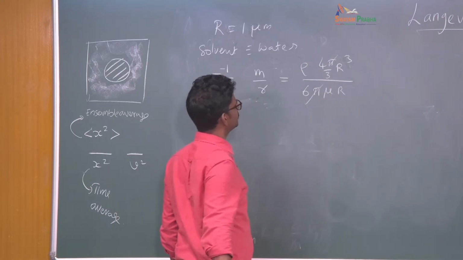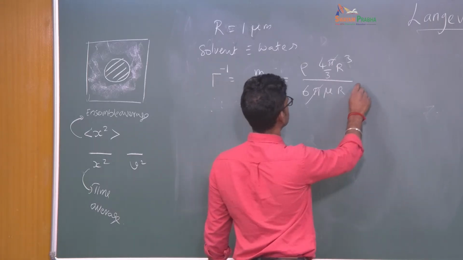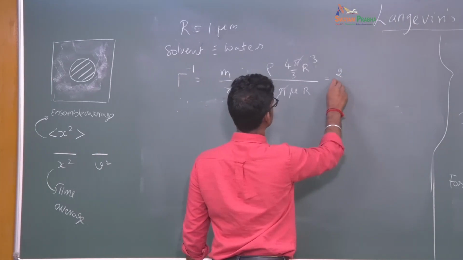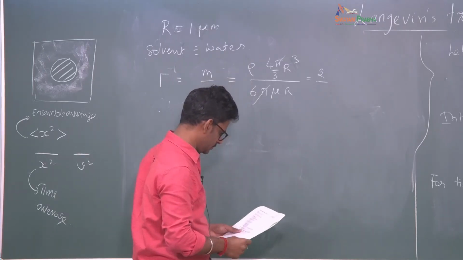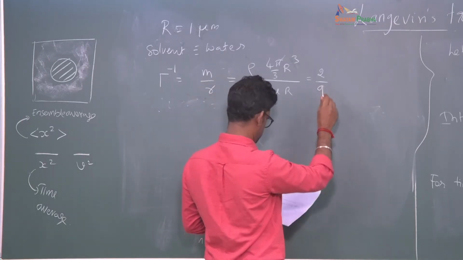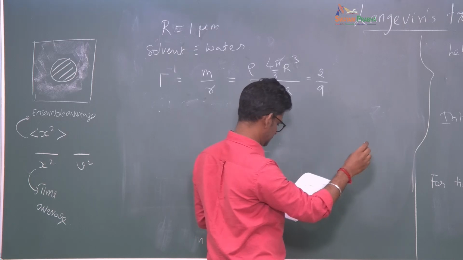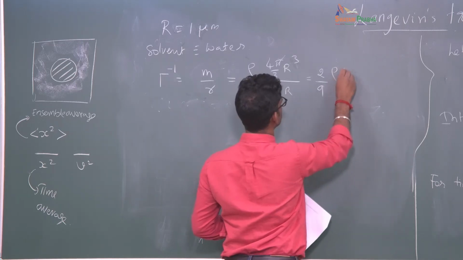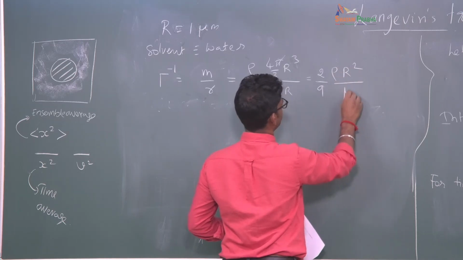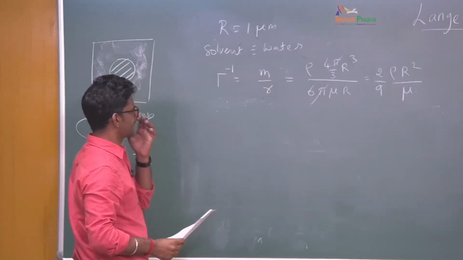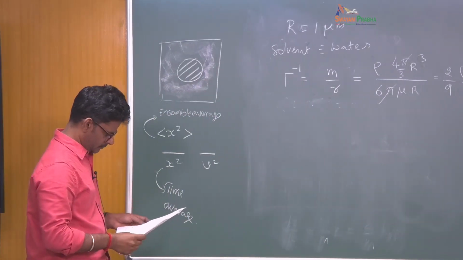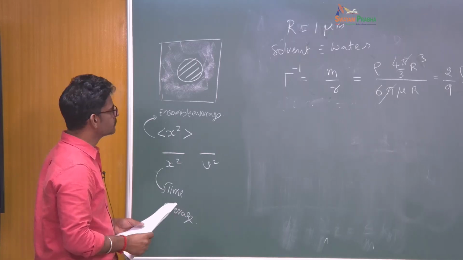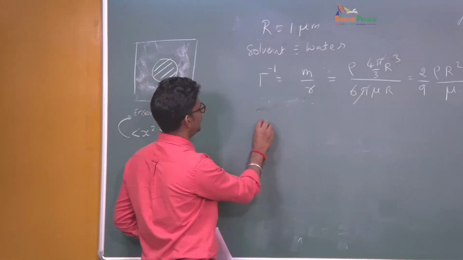So pi cancels, and you have 2 by 9 rho r square by mu.